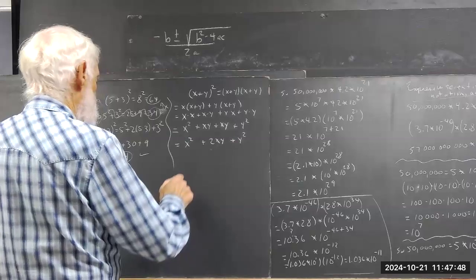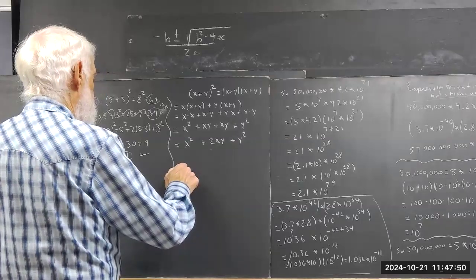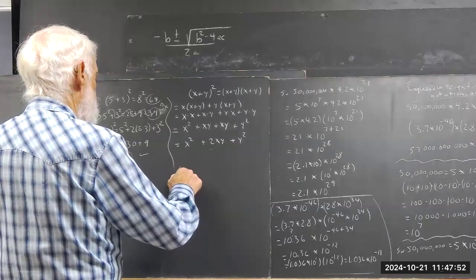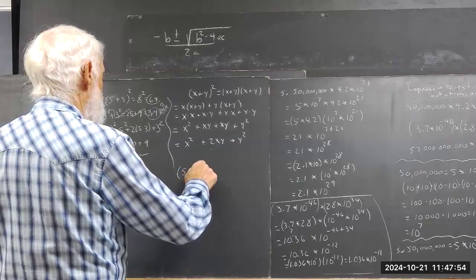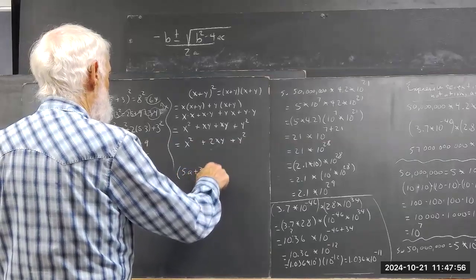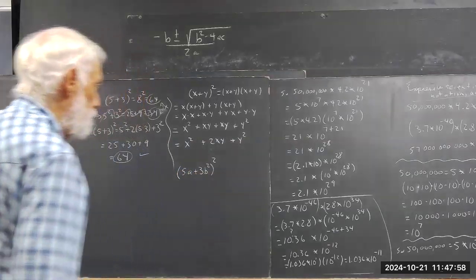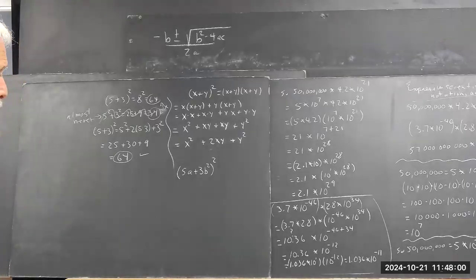Let's say then that you have 5a plus 3b squared, all squared.